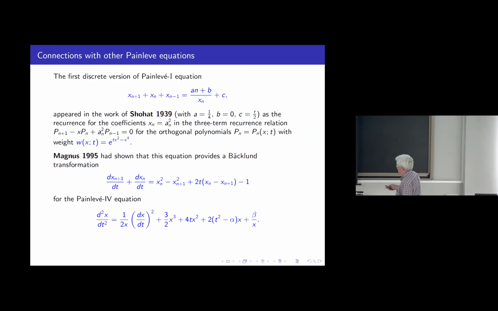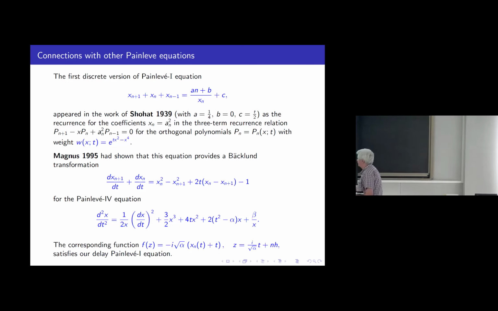You have the Backlund transformation for the fourth Painleve, which appeared actually in the dressing chain. You have two parameters here, alpha and beta, and they are related to parameters in the dressing chain.